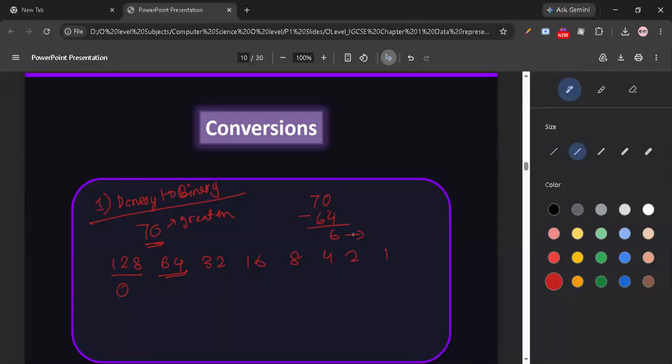So this 6 is the remaining number. Is 32 smaller than 6?